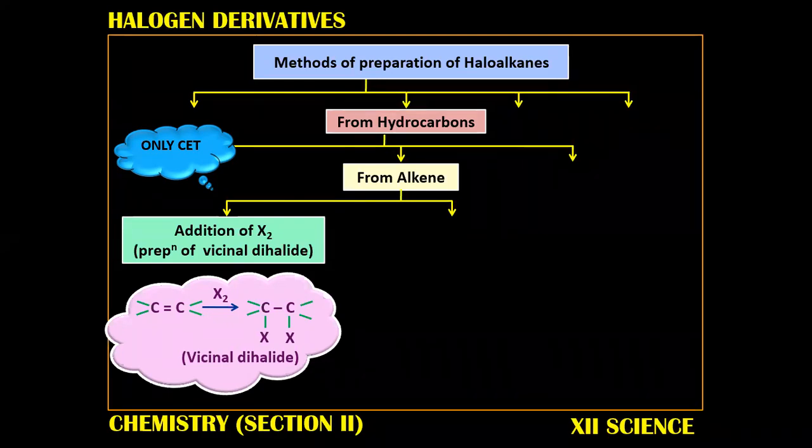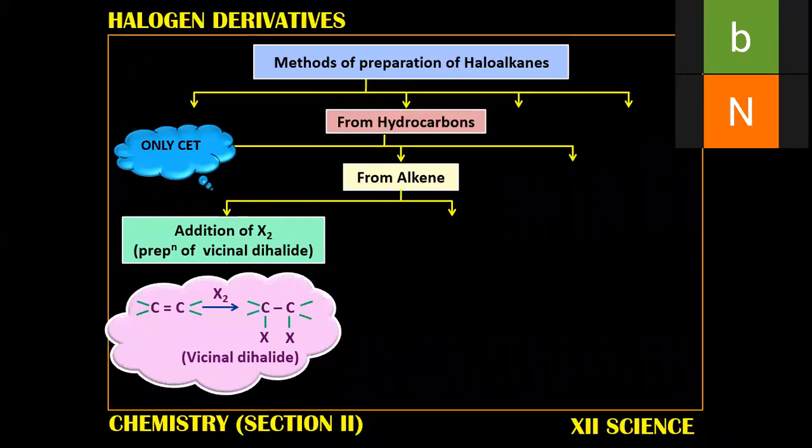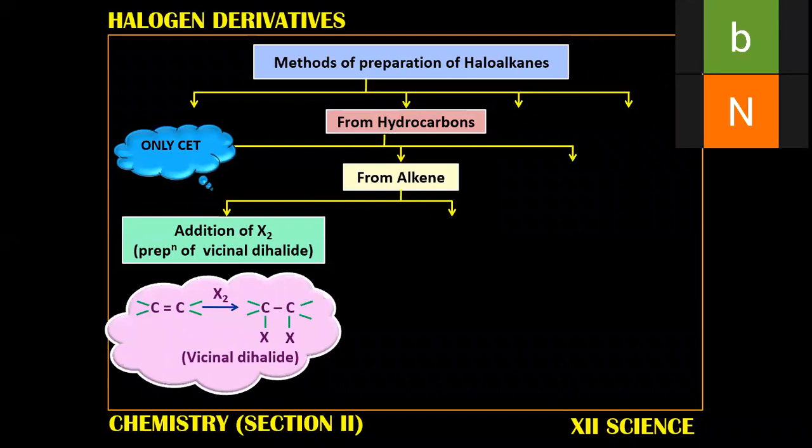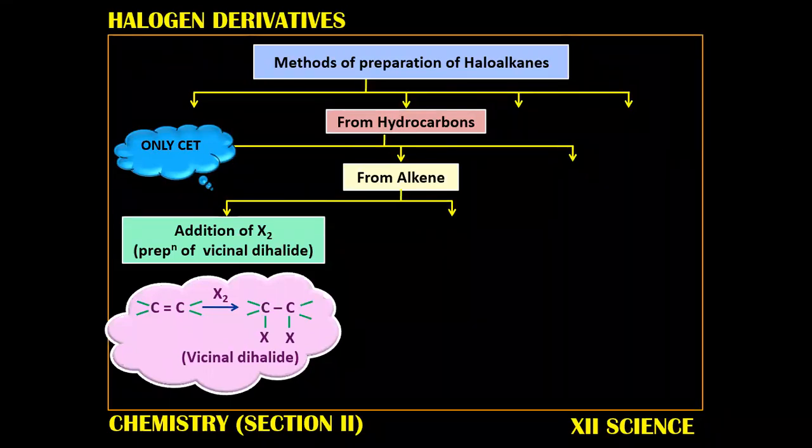From hydrocarbons, the second part, from alkenes. This only CET students will write. Addition of halogen on alkenes gives you vicinal dihalide. Just write down this general reaction.